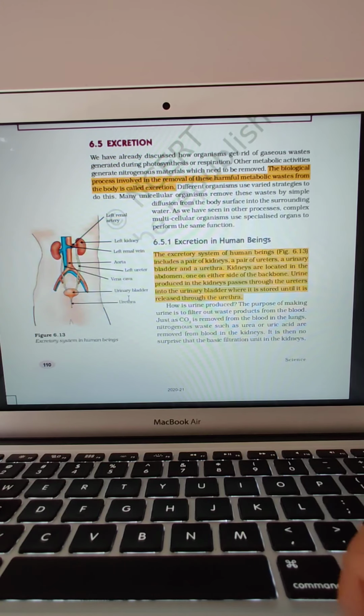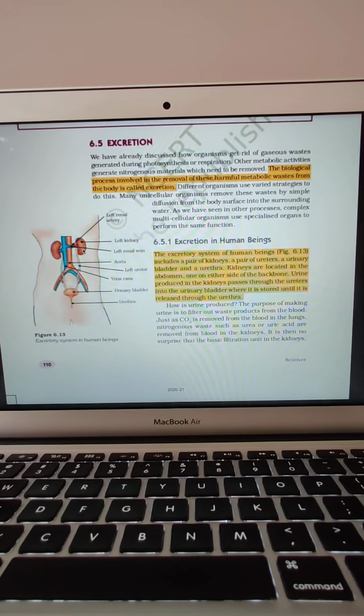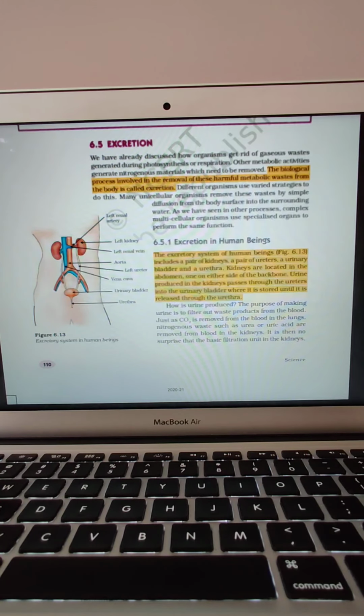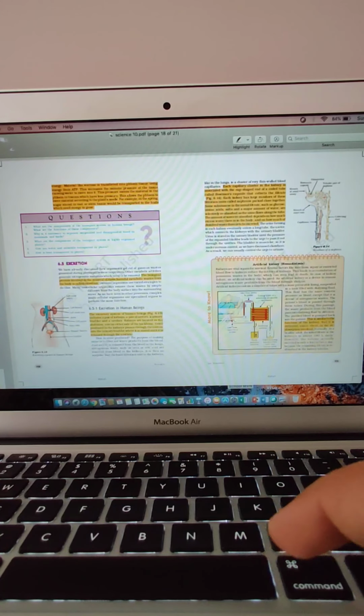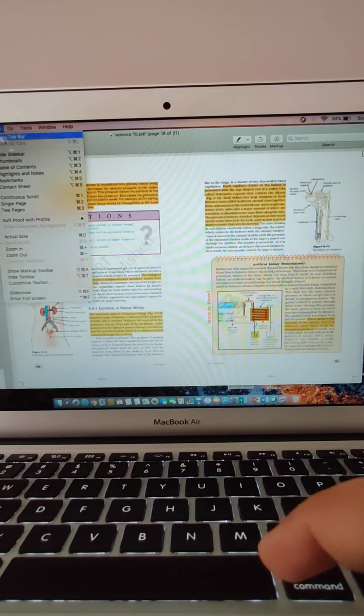So the basic filtration unit in the kidney is what? The nephrons. Inside the kidney there are numerous nephrons present, like what we studied in the lungs, where alveoli are present. So nephrons are the functional unit of the kidney, which helps in the function of what?